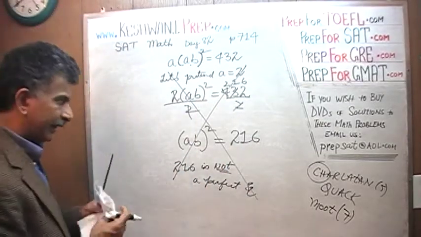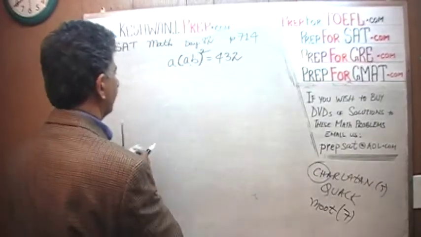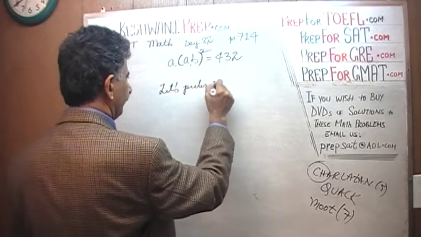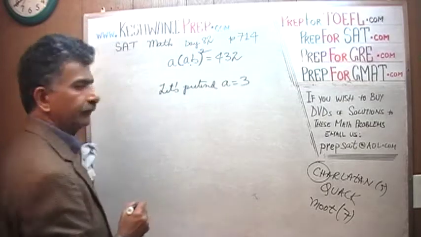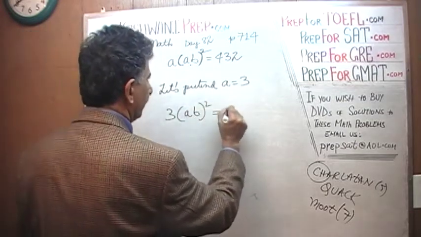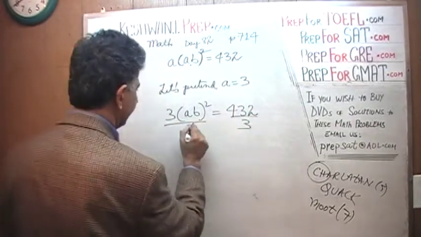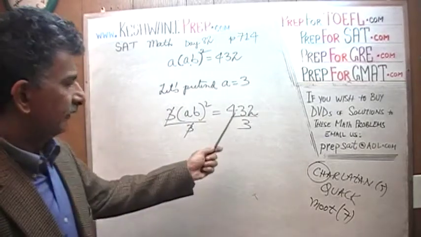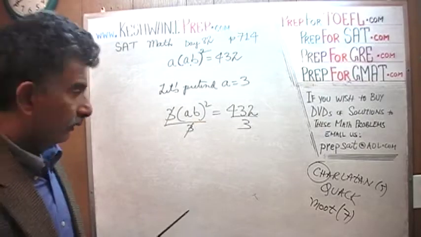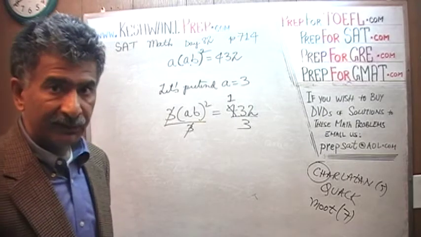Let's try 3. Shall we? Let's pretend A is equal to 3 and see what happens. So 3 times AB squared equals 432. Divide both sides by 3. This 3 cancels out. And let's divide 432 by 3. How many 3's in a 4? 4 has only one 3. The remaining one goes and joins this 3, becomes 13.